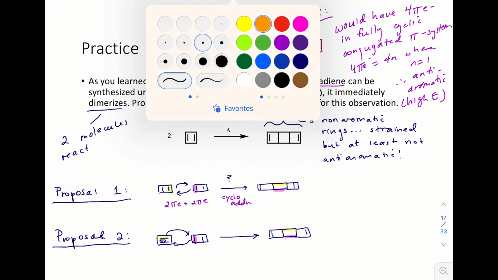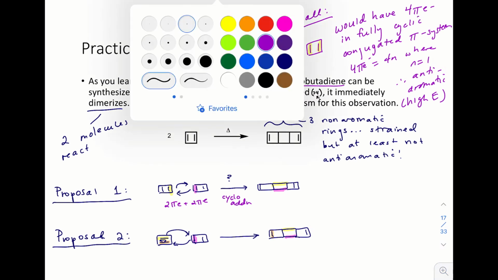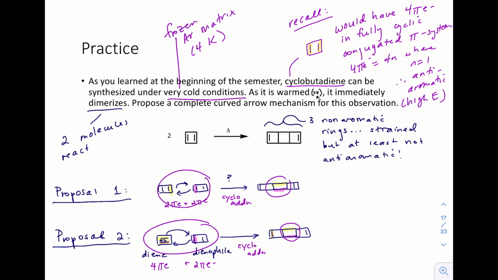And then finally, two more pi electrons slide over. So we can see that one cyclobutadiene is behaving like a diene and the other is behaving like a dienophile, or fancy alkene. In other words, 4 pi electrons plus 2 pi electrons in a cycloaddition. Two pi systems coming together to make a ring. So these are both cycloaddition proposals.